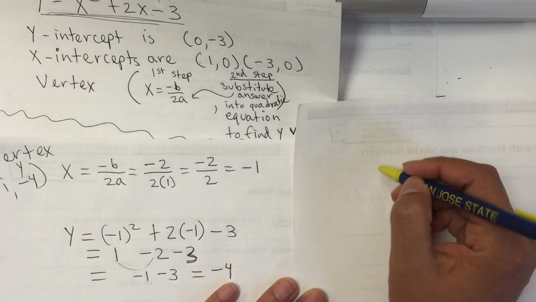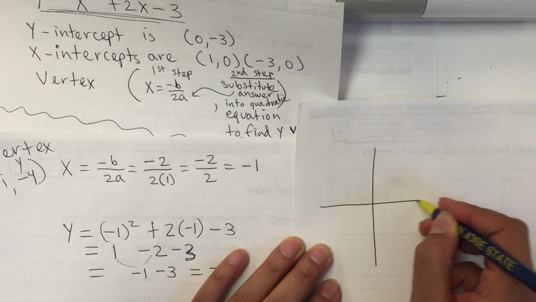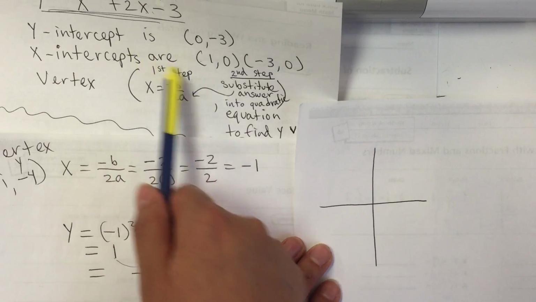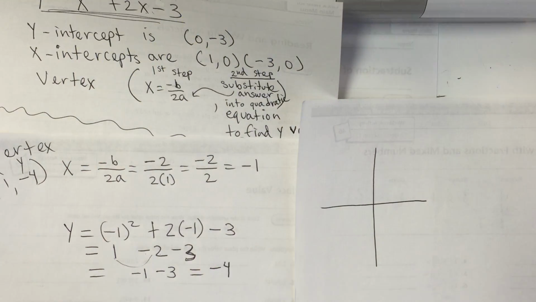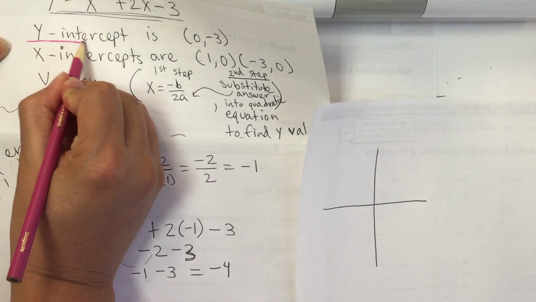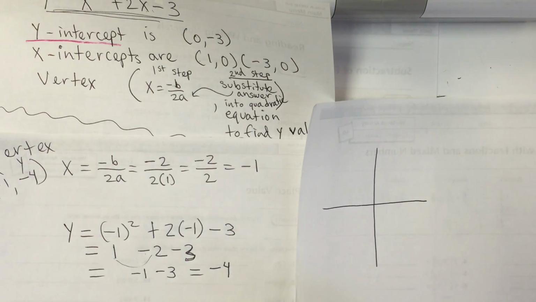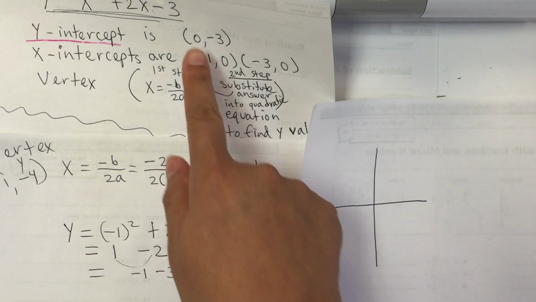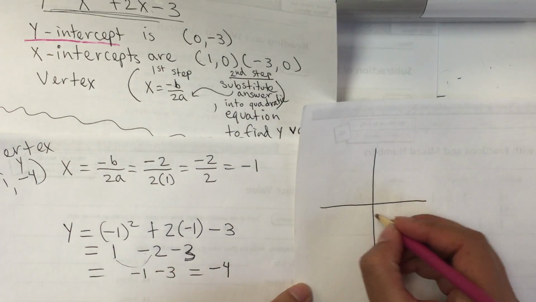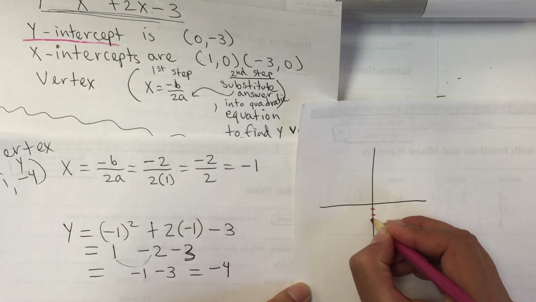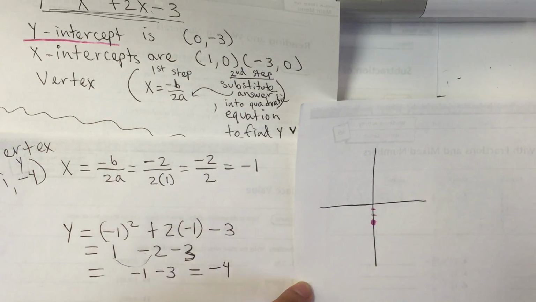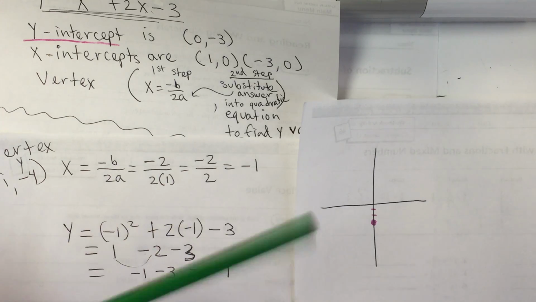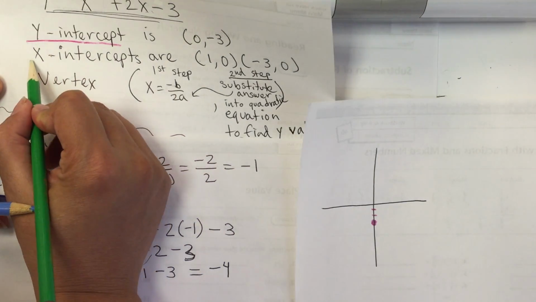I can create my sketch since I already have information given to me yesterday. My y-intercept, I'm going to put it in pink. So my y-intercept is at (0, -3). So let's say that goes about here. My x-intercepts are at (1, 0) and (-3, 0).